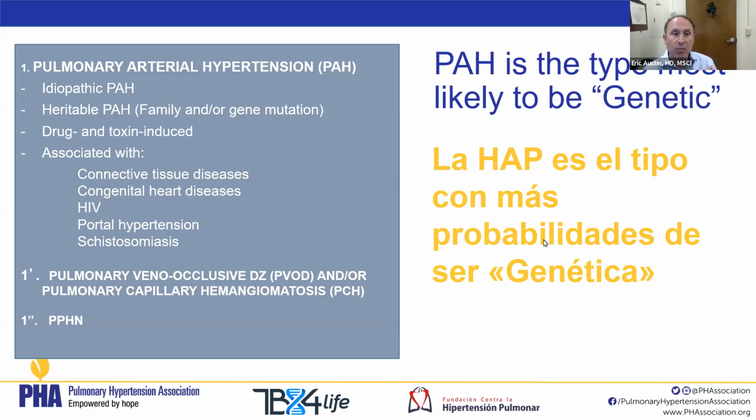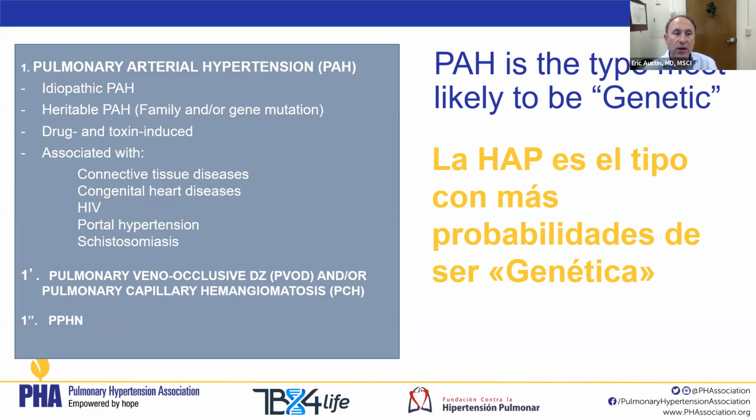People who have heritable pulmonary arterial hypertension may have a family that is known to have 2 or more people who have the disease very definitively, or there's a gene mutation that has been detected in a person, and as a result, moving forward, that person has a disease that can be inherited, that is heritable to future generations.